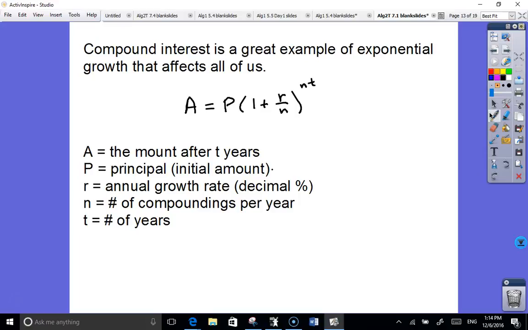What that means is you don't get it one time at the end of the year, where they calculate 12% of your money and give you that much in interest. What it means is after 1 month, they give you 1/12 of that, right? So after the first month, they calculate 1% of what you've got in your account, and they give you that back as interest. Now at the end of the second month, they calculate again 1% of what you've got in there.